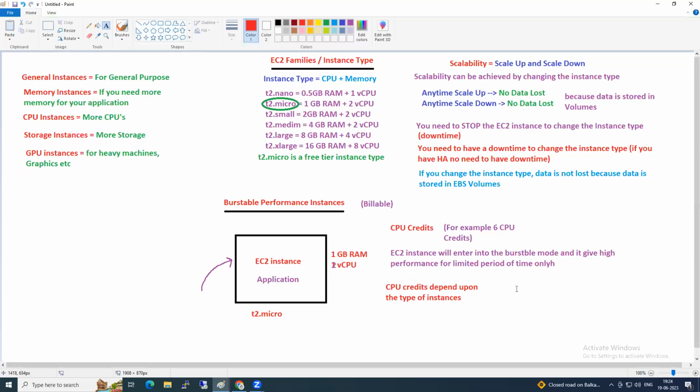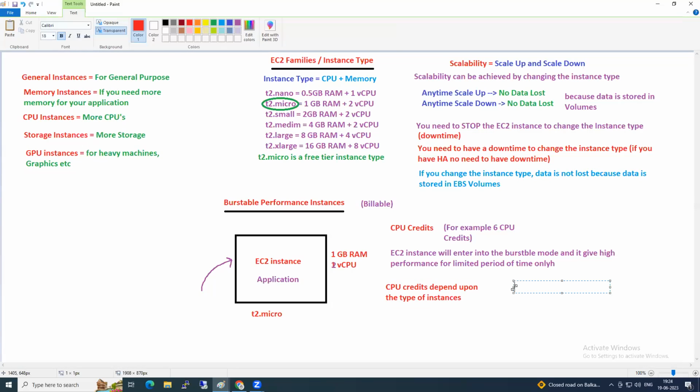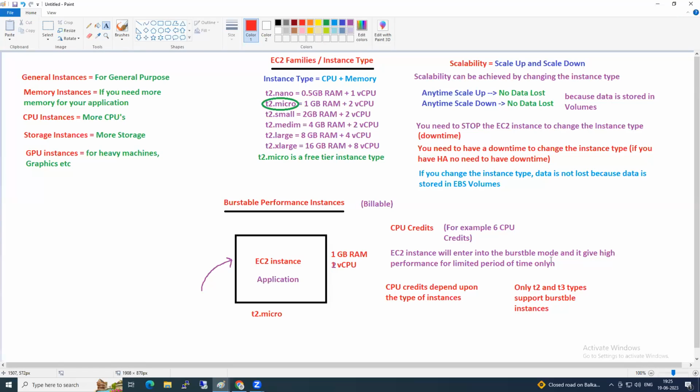Is it clear, guys? Only T2 and T3 types support burstable instances. So which family supports burstable instances? T2 and T3. Is it clear, everyone, till here?